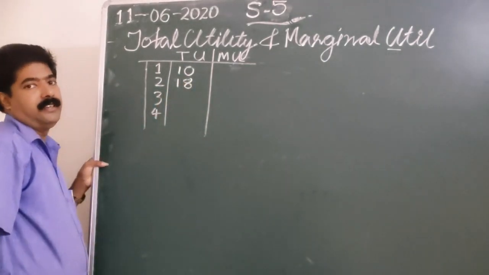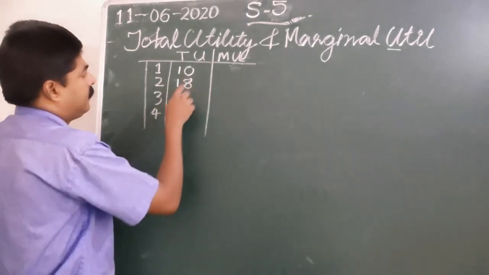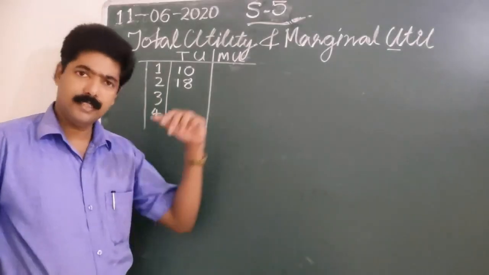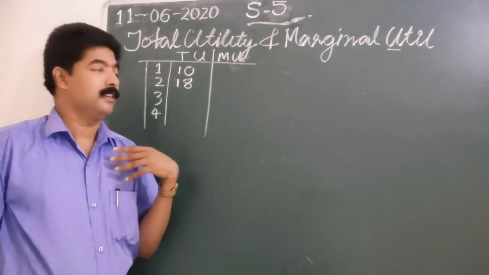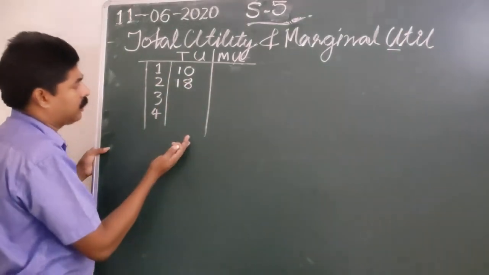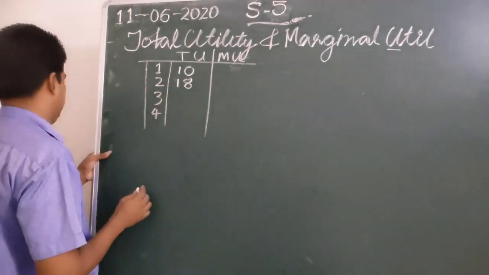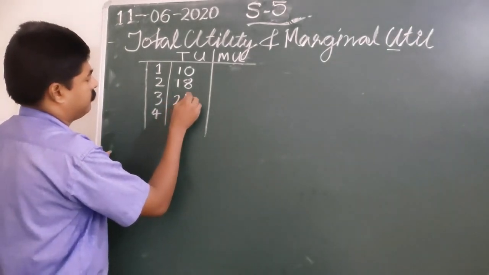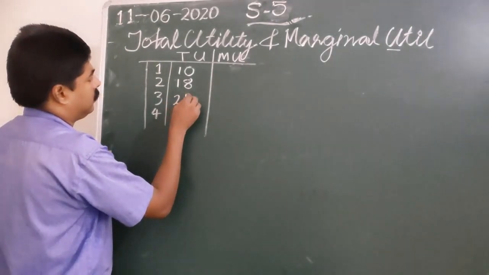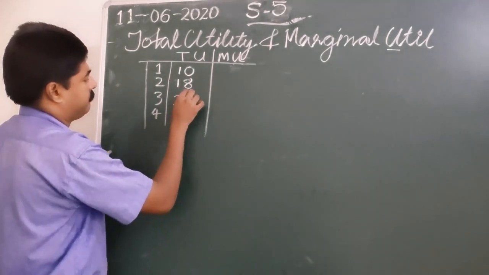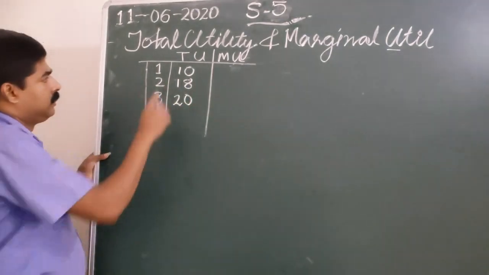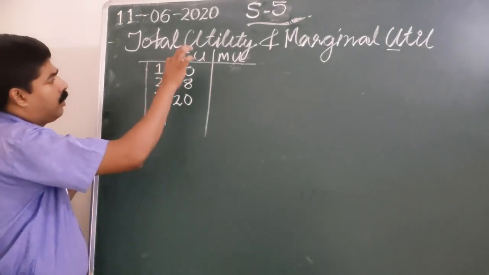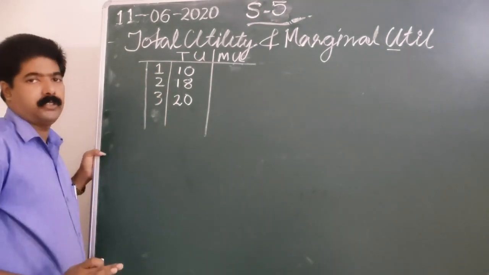So what is here? The additional utility brought here. Let us calculate. First of all, let me write all the total utilities. Again my total utility increased here, to 20. When I consumed 1 unit of commodity, I got 10 utility, my satisfaction.